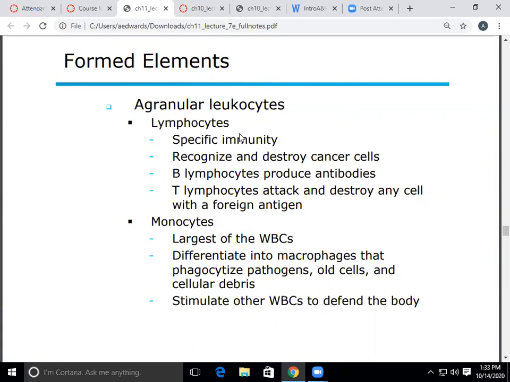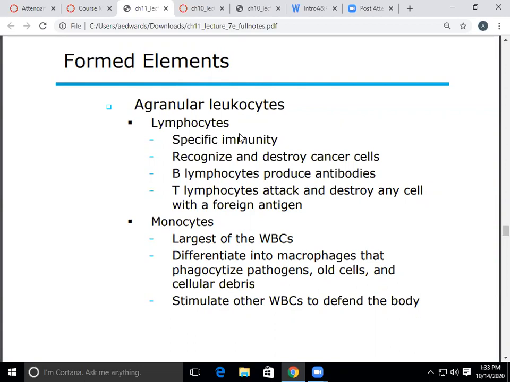And they can recognize cancer cells and destroy them. The B lymphocytes are involved in producing antibodies. I think of the B lymphocyte as the B in antibodies. The T lymphocytes are your attack cells, so they attack and destroy cells that have some sort of foreign antigen.